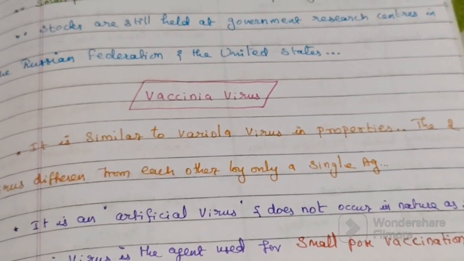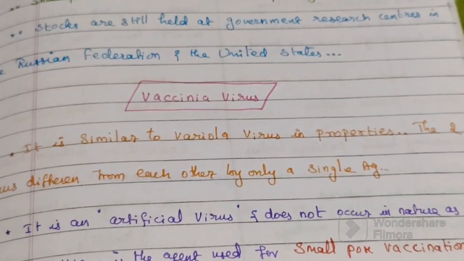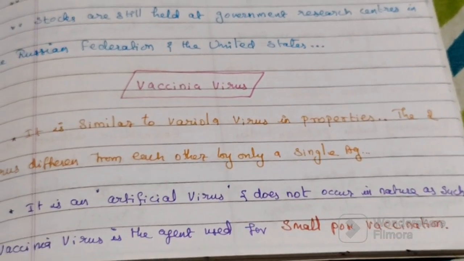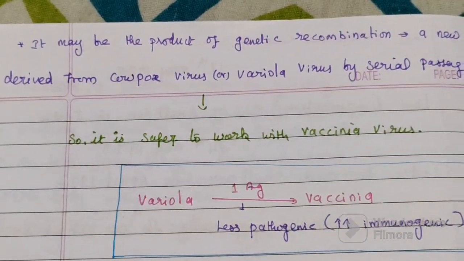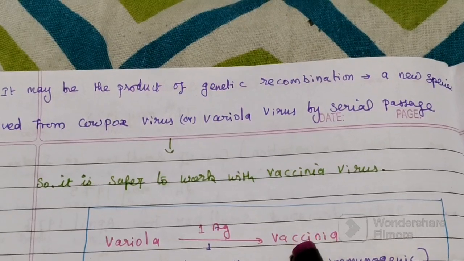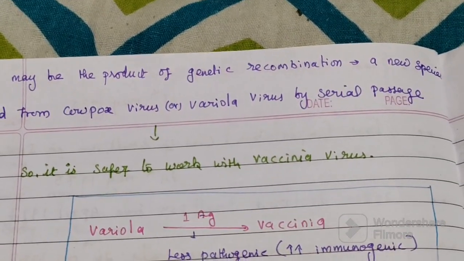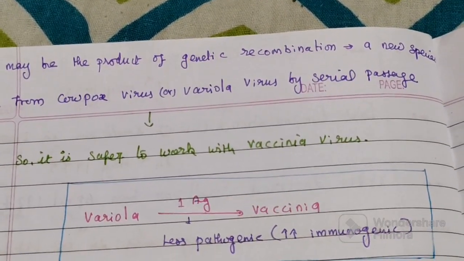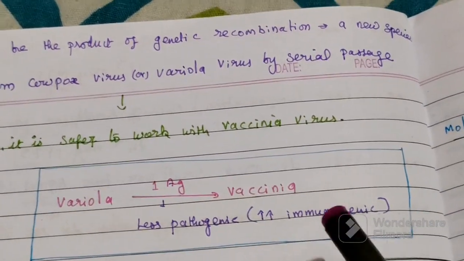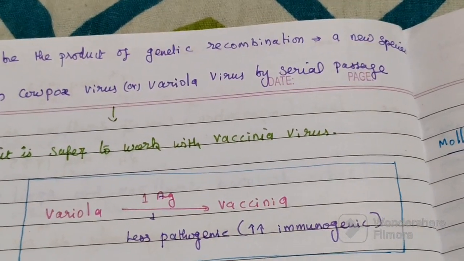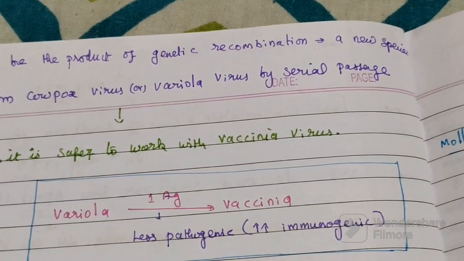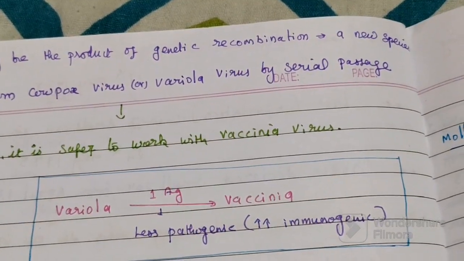So we are making it less pathogenic but more immunogenic, so we can use this virus for producing vaccine.